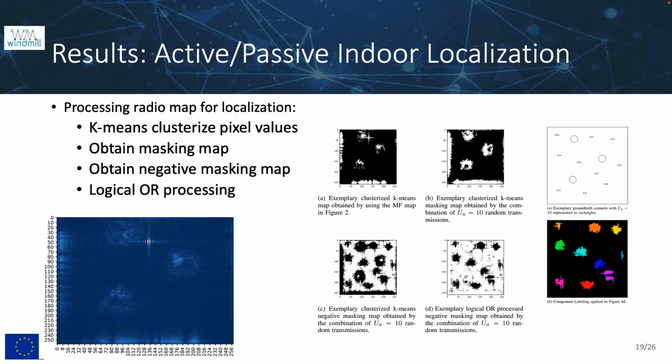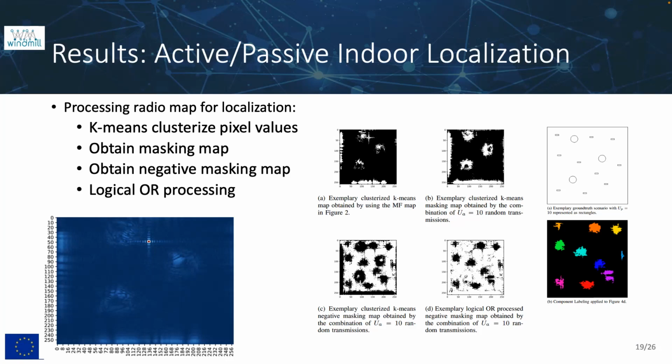Then what we do is combine different active devices and do a filtering, because in the filtering we remove the transmitter, as you can see there. We can obtain a map that is just describing the static parts of the scenario. This is the second step. Then the next step is, once we know how the static scenario looks, we measure the signals that are occurring in the environment, and we have a negative map.